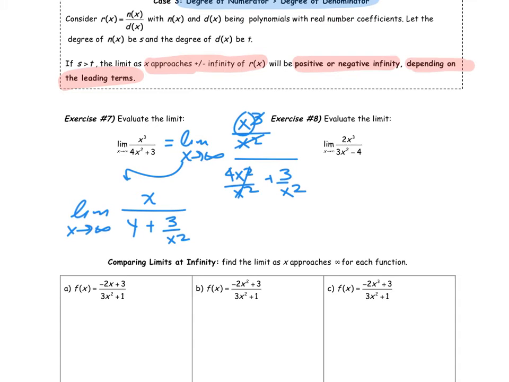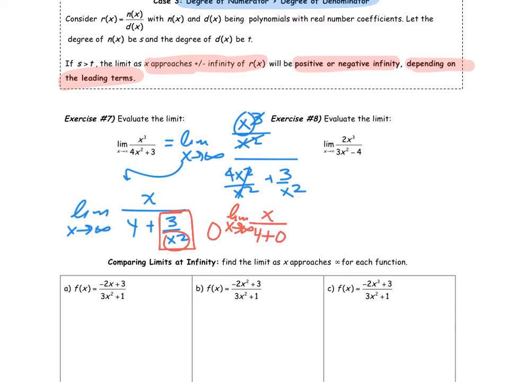Now, we can identify from the end behavior of this. Well, let's look at the denominator here. I have 4 plus 3 over x squared. Now, as x gets huge, this whole term is going to go to 0. So I have x over 4 plus 0 as the limit as x approaches infinity.